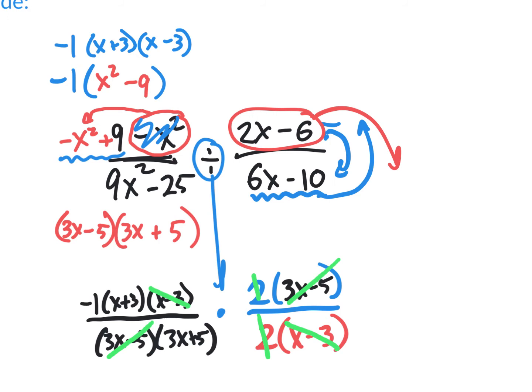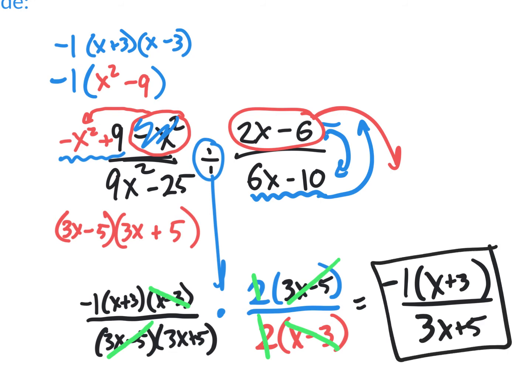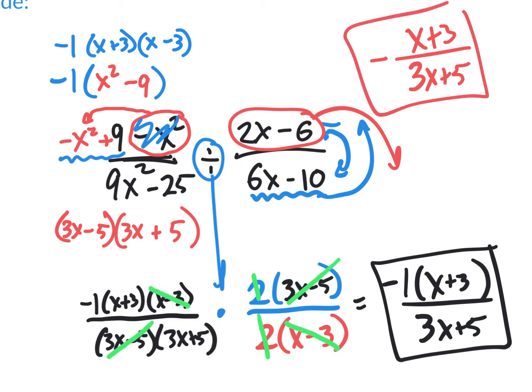And that's it. So our final answer will be negative 1 parenthesis x plus 3 over 3x plus 5. This is the answer. Another acceptable answer would be to write the x plus 3 over 3x plus 5, but put that negative out in front of the entire fraction.